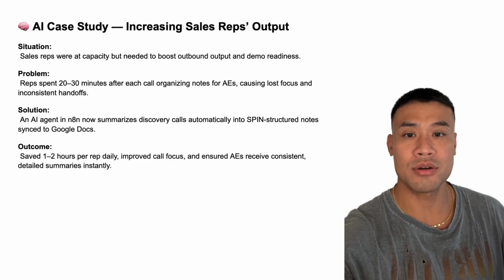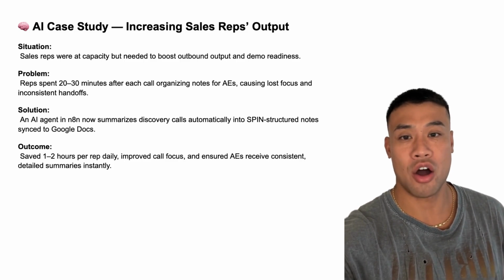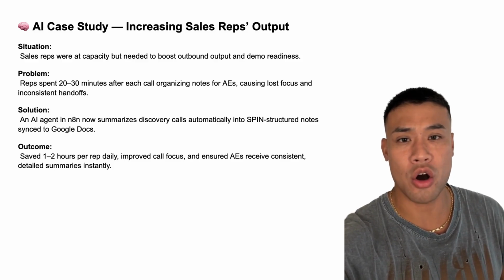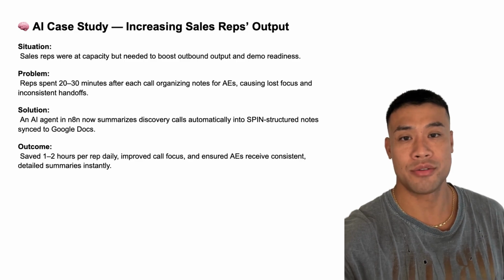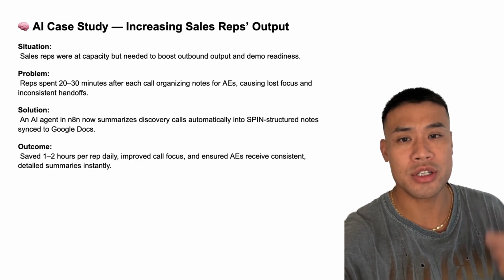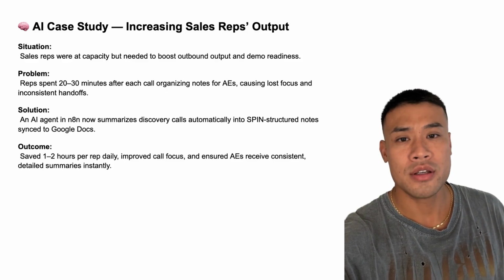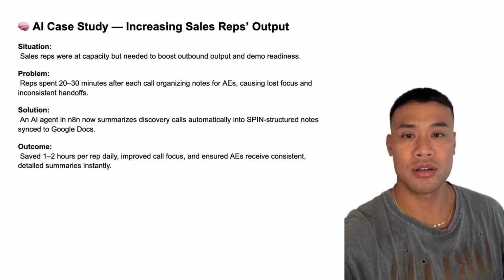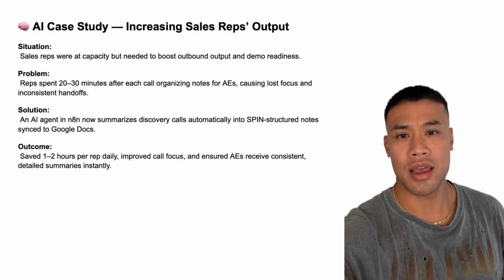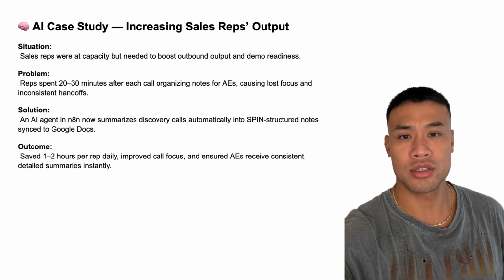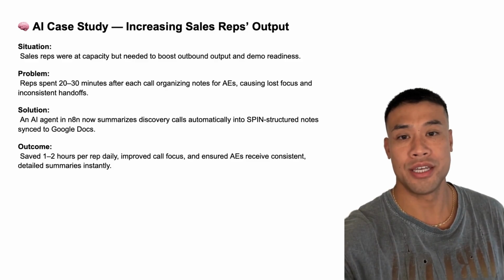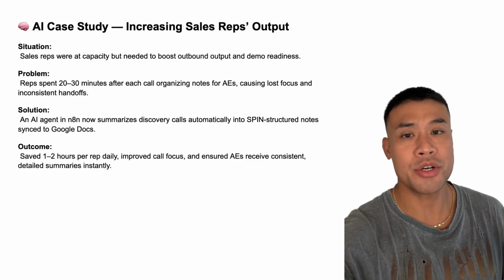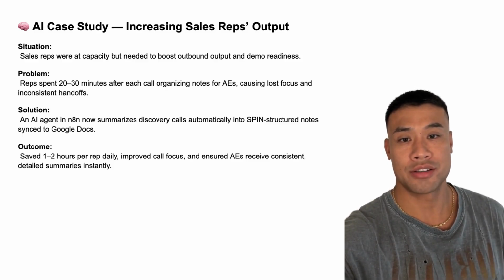So I built an AI agent in N8N that automatically analyzes the call transcript and structures it using the SPIN model: situation, problem, implication, and need payoff. Now, reps can stay fully focused during the call, and the AI sends a clean summary straight to Google Docs for the AE.